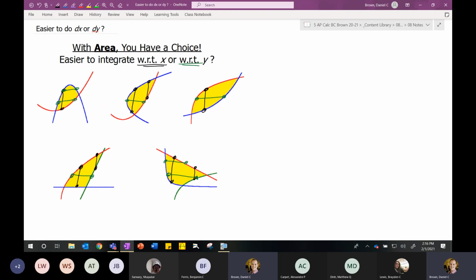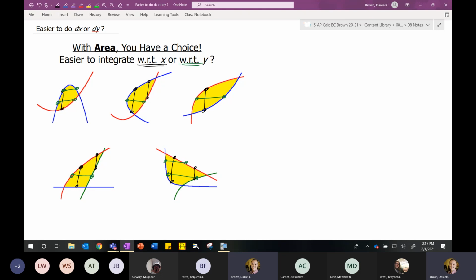Often when I'm deciding whether I want to do it in terms of dx or dy, for dx, I might draw little vertical bars and see which functions I'm connecting. If it ever switches and I would be connecting 2 different functions, then I know that I'm going to use at least 2 integrals, or maybe dy would be easier. The opposite would be true if I'm doing it with respect to y.